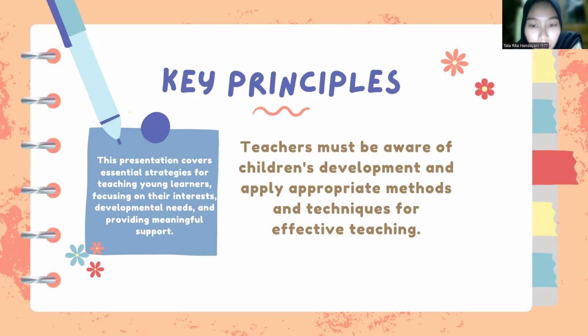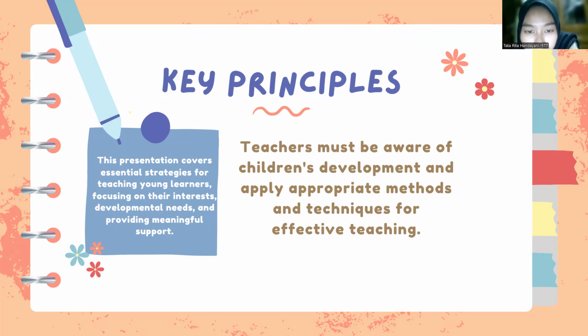Before we explore specific strategies, let's establish our foundation. The most crucial principle in teaching young learners is this: teachers must be aware of children's development and apply appropriate methods and techniques. Why is this so important? Young learners are not miniature adults.